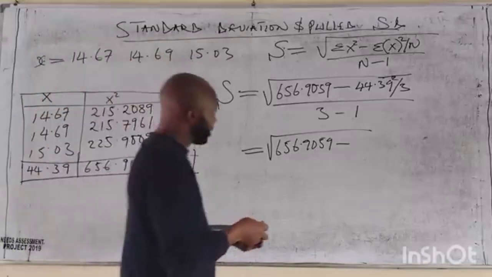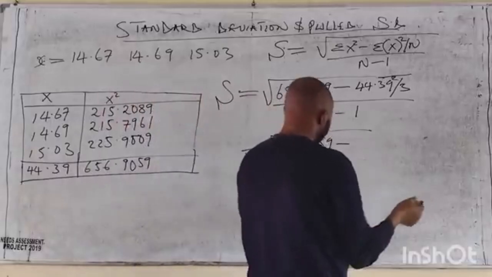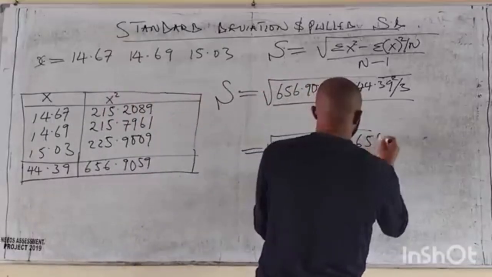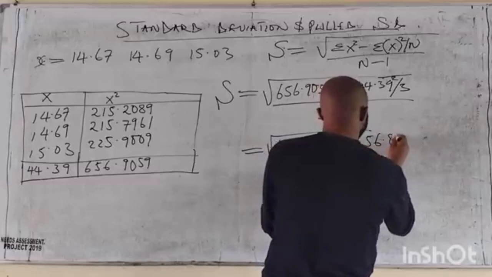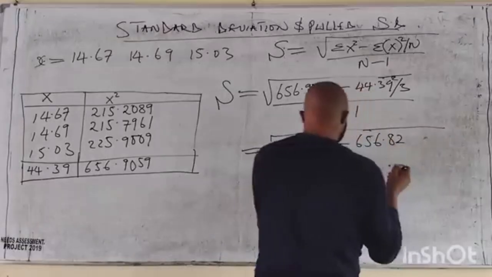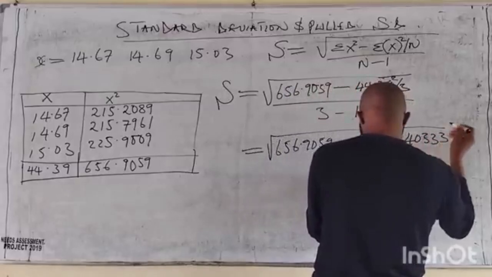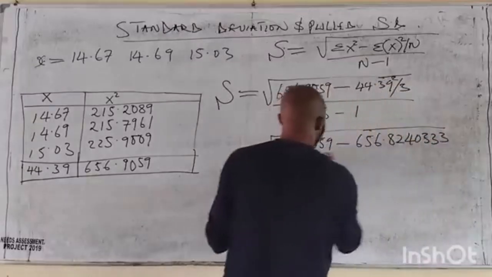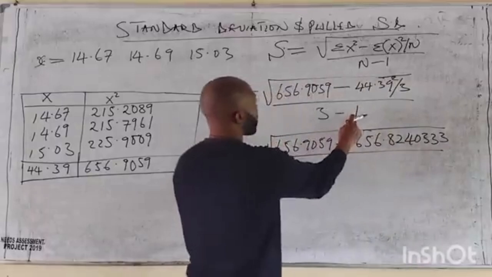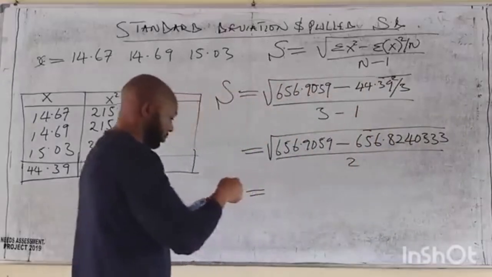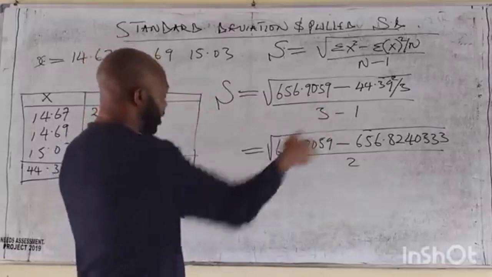Now, having divided it, I have 656.824033, all over 3 minus 1, which is 2. I'll proceed. This minus this.